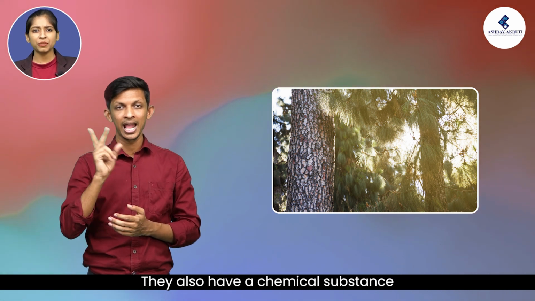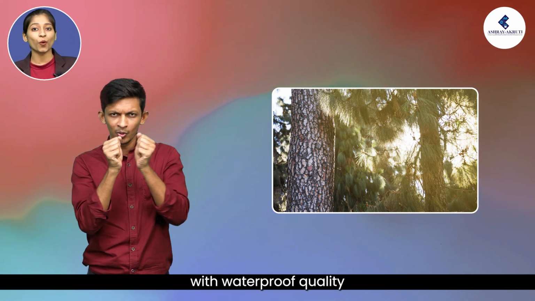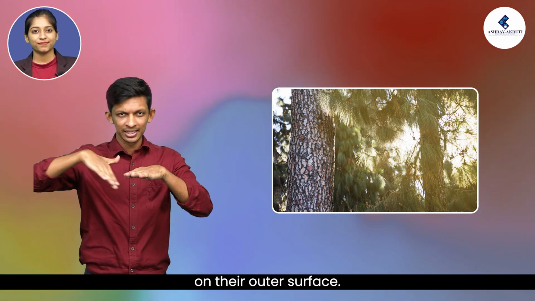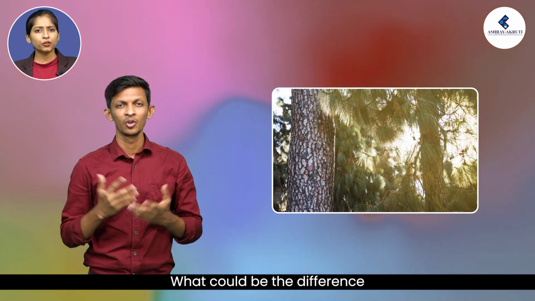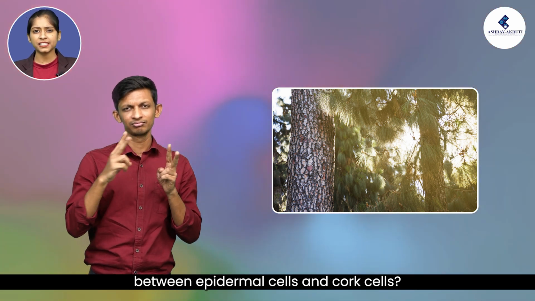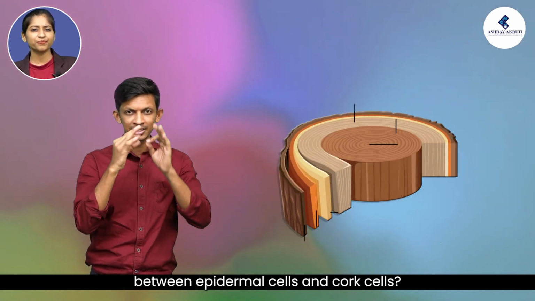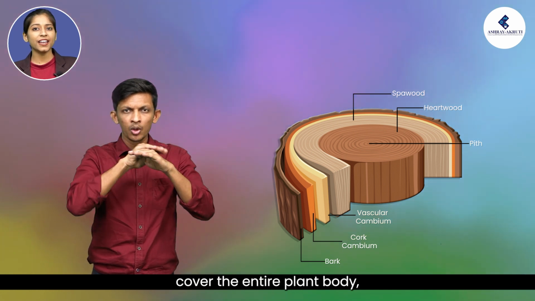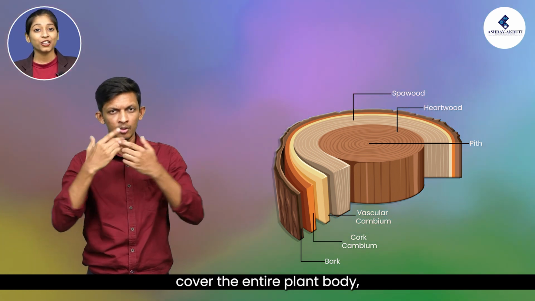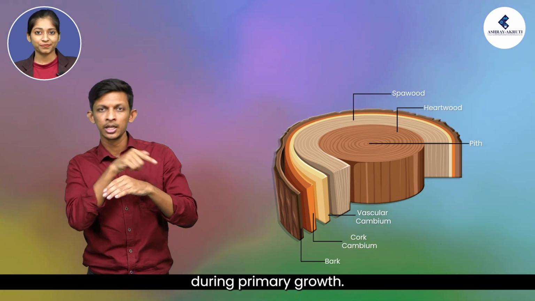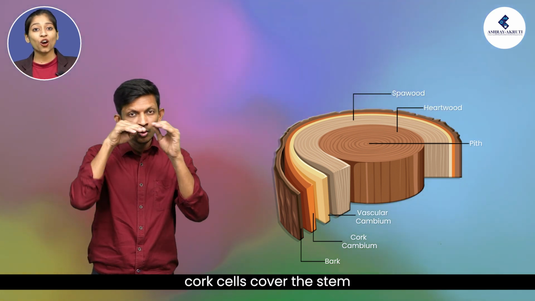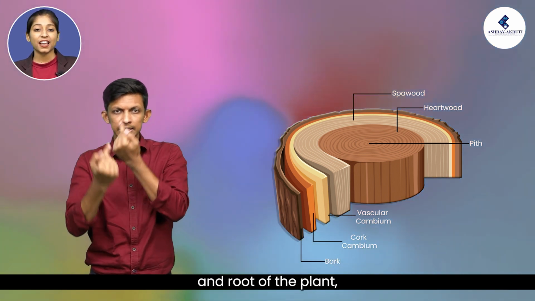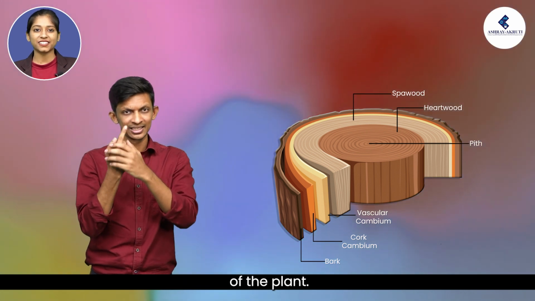They also have a chemical substance with waterproof quality on their outer surface. What could be the difference between epidermal cells and cork cells? Epidermal cells cover the entire plant body during primary growth, whereas cork cells cover the stem and root of the plant after the secondary growth of the plant.